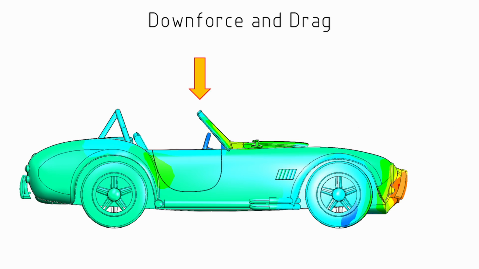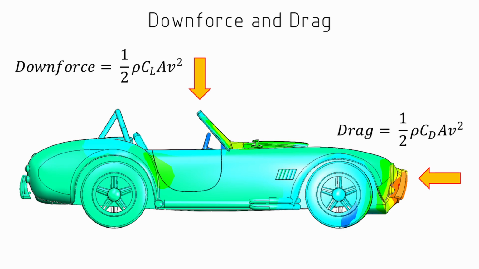The downforce has a very similar equation, so a half rho, but instead of a coefficient of drag, it'll have a coefficient of lift times the area times velocity squared. Of the information that we would want from a vehicle, it's often very difficult to find a drag and downforce number. We might be able to find a coefficient, but not the frontal area, and this sort of data is not readily shared by manufacturers.